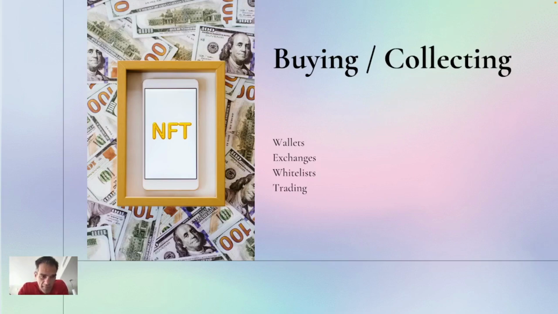Easy peasy lemon squeezy. First thing you've got to do, obviously, is have a wallet. A wallet is like MetaMask, Phantom. There's a trillion others. All a wallet is, is an authentication device, right? But it holds your digital assets.